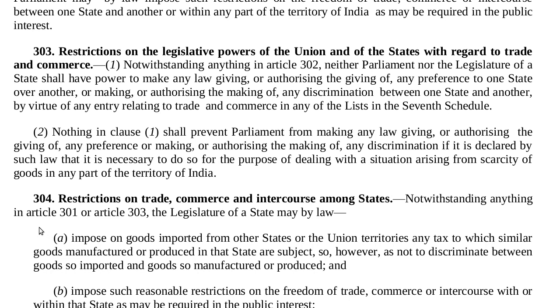Notwithstanding anything in Article 301 or Article 303, the legislature of a state may by law (a) impose on goods imported from other states or the Union territories any tax to which similar goods manufactured or produced in that state are subject, so however as not to discriminate between goods so imported and goods so manufactured or produced; and (b) impose such reasonable restrictions on the freedom of trade, commerce or intercourse with or within the state as may be required in the public interest.